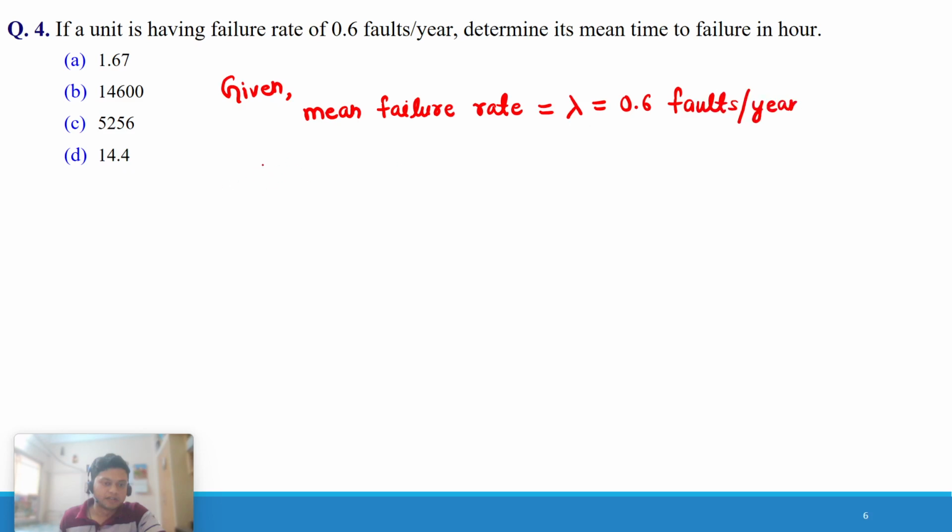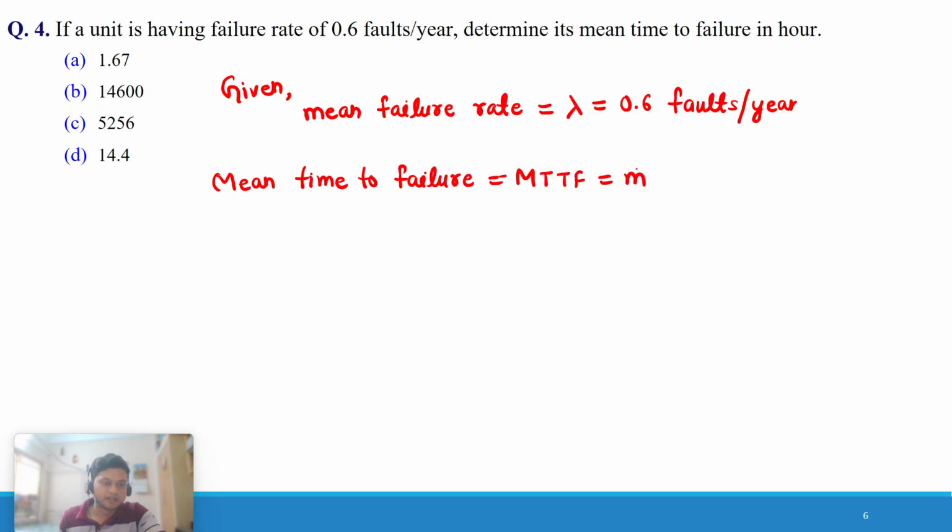You have to find out the mean time to failure. It is the reciprocal of the mean failure rate. Just take care of the units. Mean time to failure, MTTF.